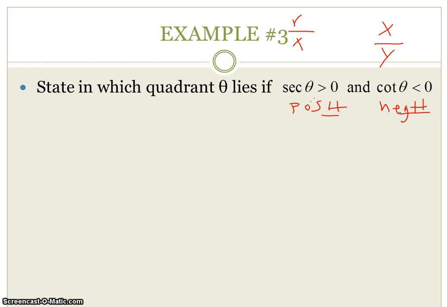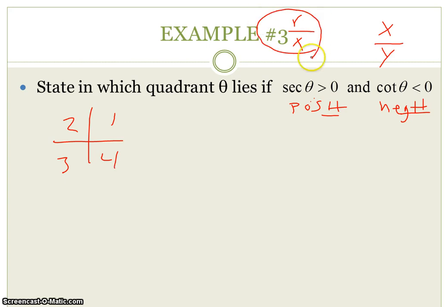So we have to figure out which of our 4 quadrants, 1, 2, 3, or 4, theta is in. I know R over X is a positive number. Well, R is the hypotenuse of our triangle, and it's a length. R is always going to be positive 100% of the time. So since R is always positive, it's our X and our Y which can be negative.